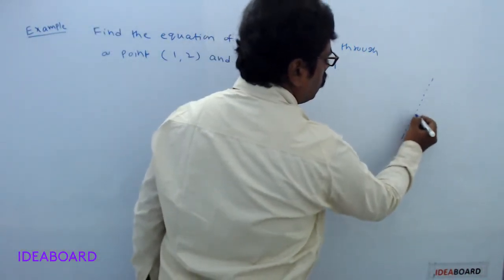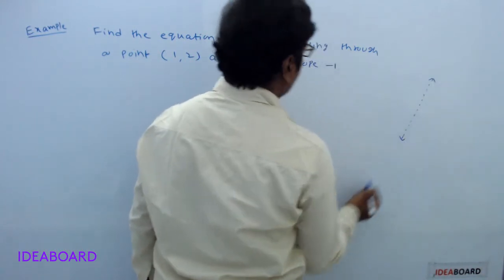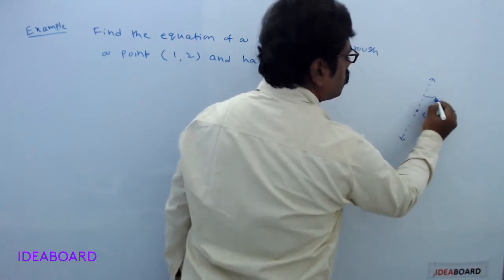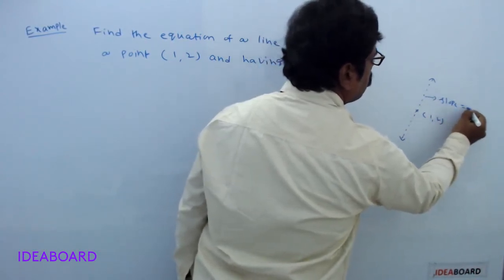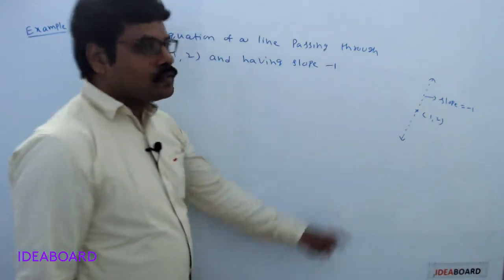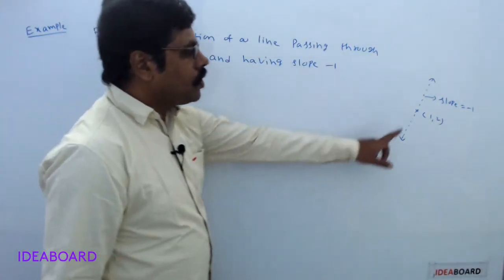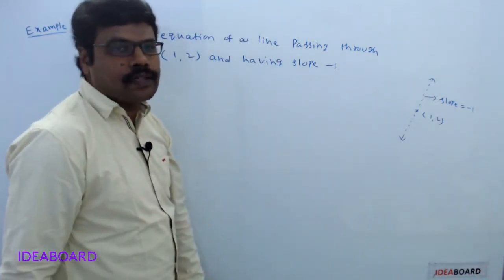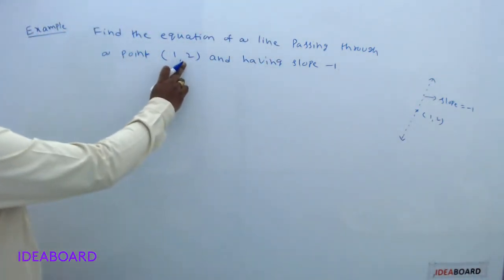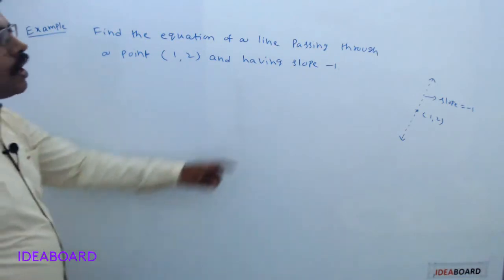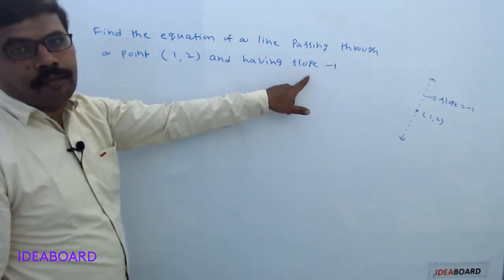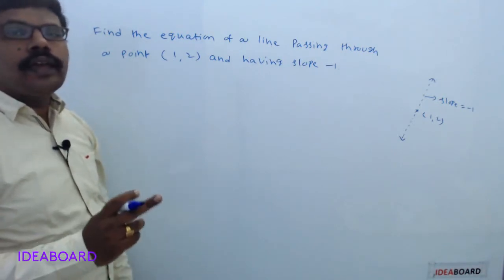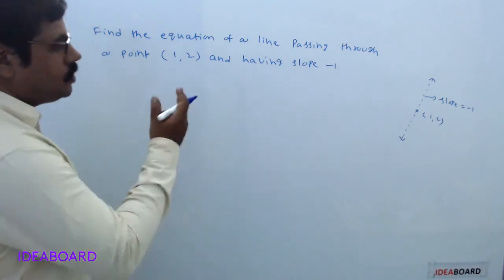We need the equation of a line passing through the point 1 comma 2 with slope minus 1. First denote the given point with x1, y1 and denote the slope with the letter m. Then apply the formula y minus y1 equal to m into x minus x1.